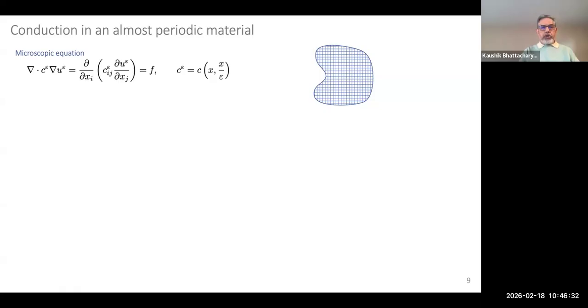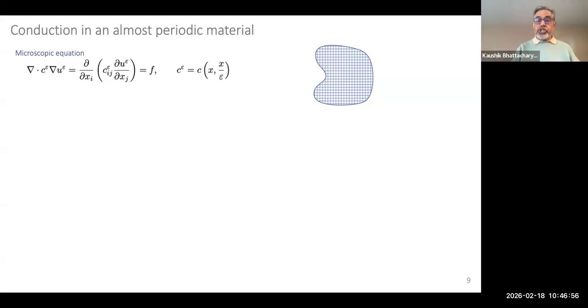Now we're going to assume that epsilon is small. That means that if I fix x, if I look at some point, there's some periodic medium with a period epsilon, and epsilon being small means that this microstructure is small compared to the macroscopic properties.